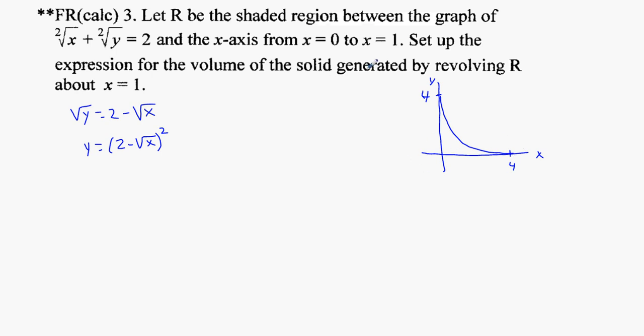And we want to have the x-axis from x equals 0 to x equals 1. So here's x equals 0 to x equals 1. Okay, and we want to revolve around the line x equals 1.